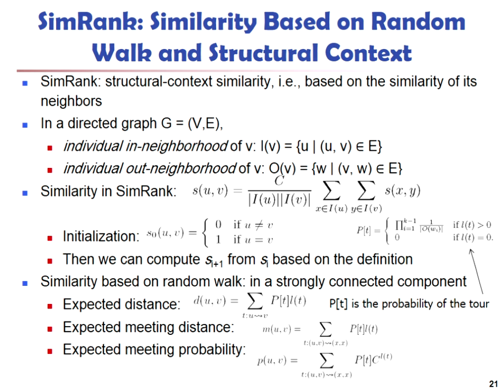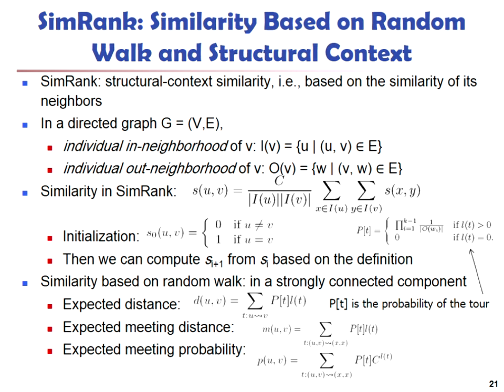After that we can calculate the similarity with this mathematical formula, and similarity is based on random walk in a strongly connected component. Here we can discuss expected distance, expected meeting distance, and expected meeting probability.